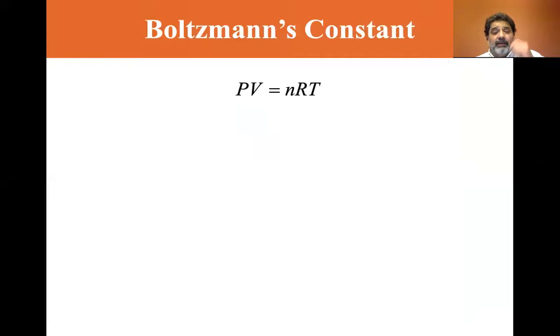Okay, now we're going to talk about Boltzmann's constant. PV equals nRT. That's our ideal gas law. P is pressure, V is volume, n is the number of moles of the gas, R is the gas constant, and T is the temperature in Kelvin.